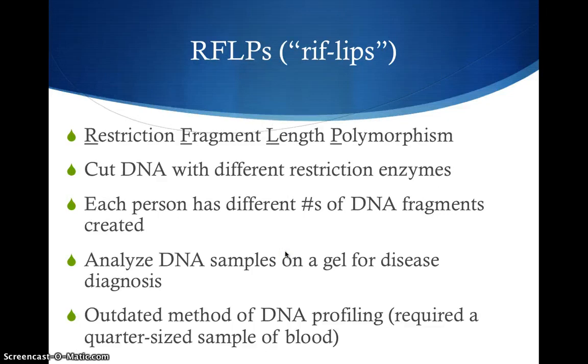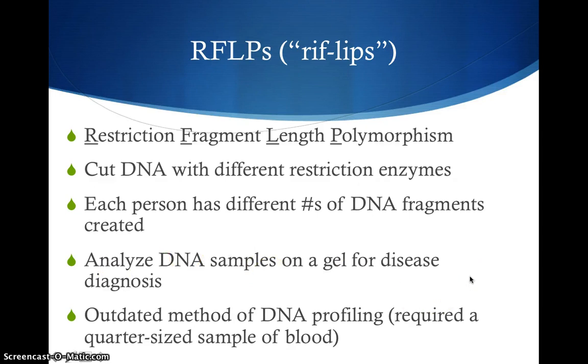This is older technology, very old, actually. We don't use it anymore. It's called RFLP. What we do is we use the restriction enzyme to cut the DNA into different fragments, and because every person has, even though we all have the same genome, a different expression of DNA, they would have different fragments.